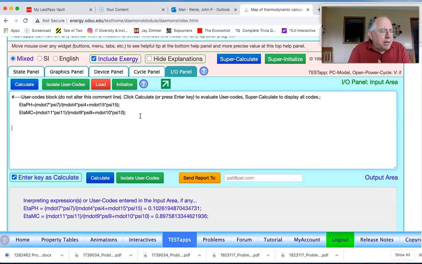The reason why the process heater was not as efficient in terms of flowing exergy is because most of the exergy in that process heater came out in the form of heat or energy that was brought out of the process heater.